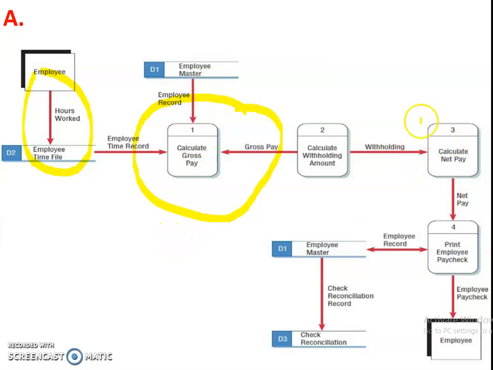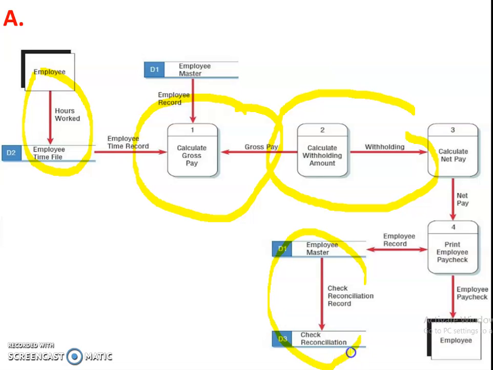Same way, process number 2 is wrong because these processes are just giving outputs but have no data flow as input. Another mistake is that the data store is connected to another data store. This is wrong because we have to provide a process symbol here.